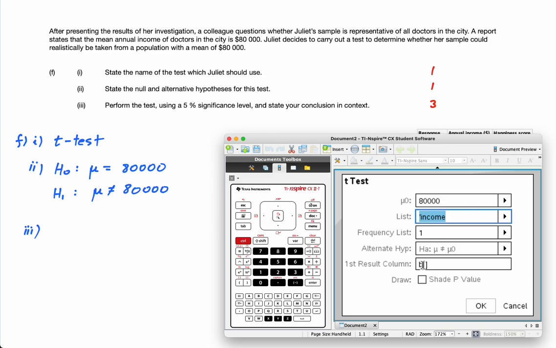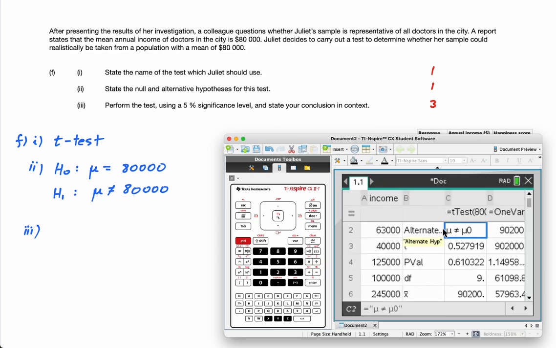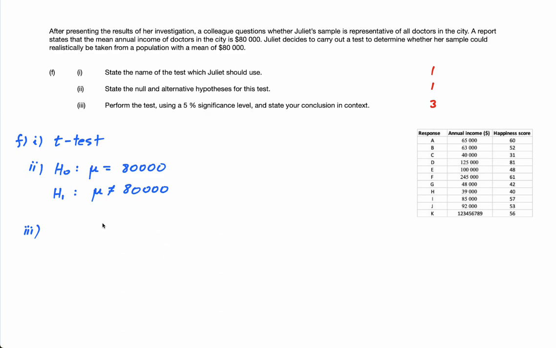It doesn't matter, guys, because this is the last time I need this data. Put it into B, press OK. It will overwrite the data. Fine. Okay. So what we get is the p-value. That's what I care about. The p-value is 0.610322.